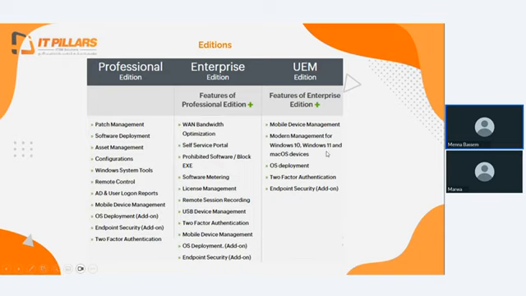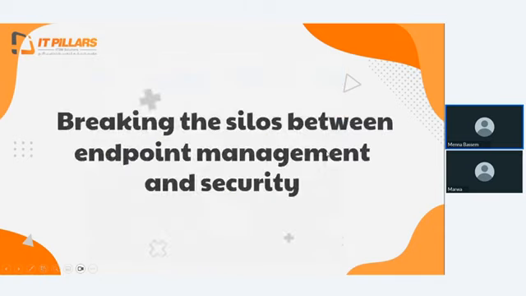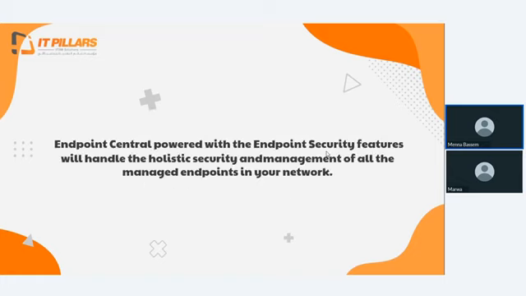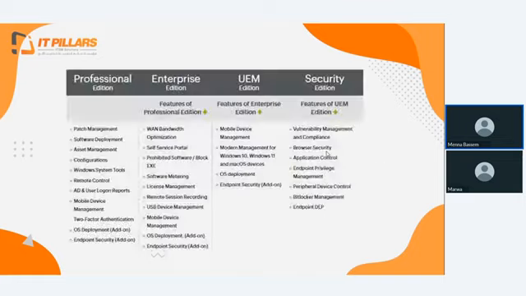But now ManageEngine provides us with a new edition, which is the Endpoint Security Edition. This edition makes Endpoint Central powered with all the features in management and security under one product. So we have 4 editions: Professional, Enterprise, UEM, and this new one, Security Edition.